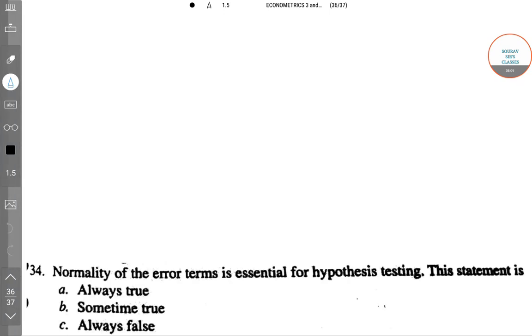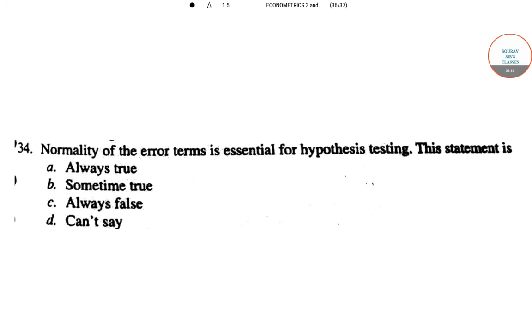Question number 34. The normality of the error term is essential for hypothesis testing, and this statement is always true, sometimes true, always false, or can't say. If the error term, suppose epsilon, is not normal, then the mean of the error term is not 0.